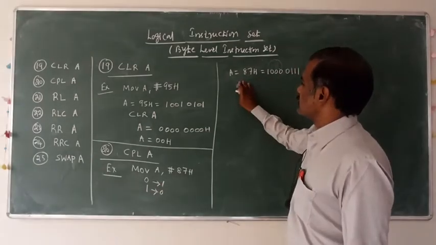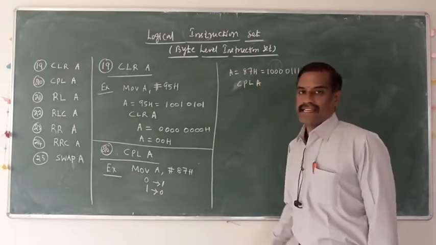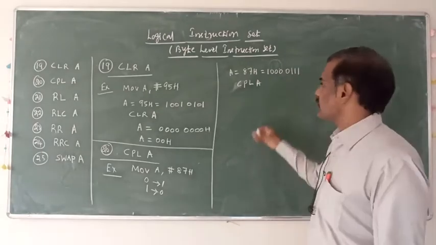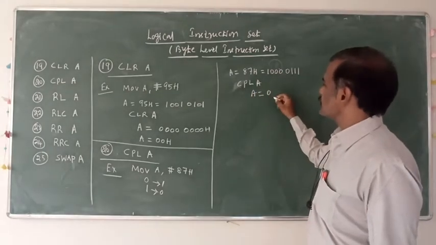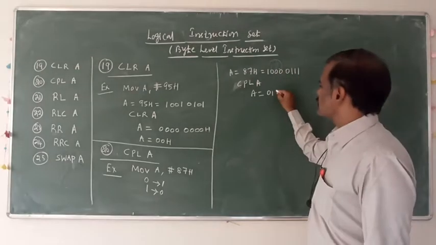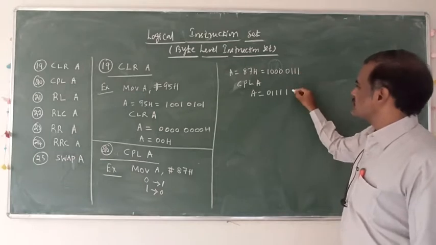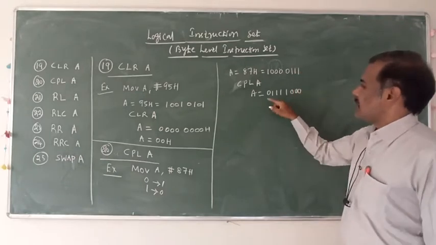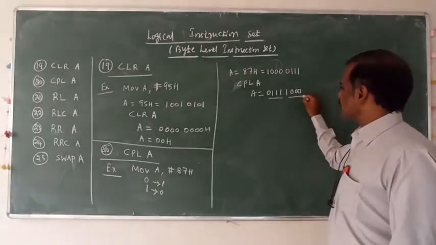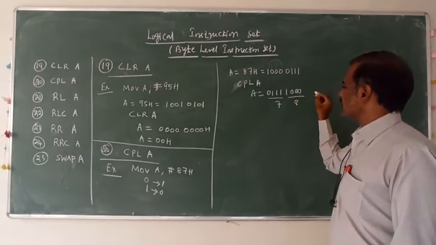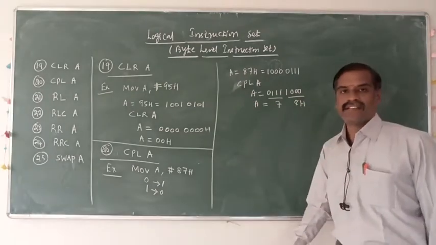Now CPL A, complement accumulator content. Now A register data, 1 changes into 0 and 0 changes into 1. After CPL A, the register A data is 78H. Now the accumulator holds the data 78H.